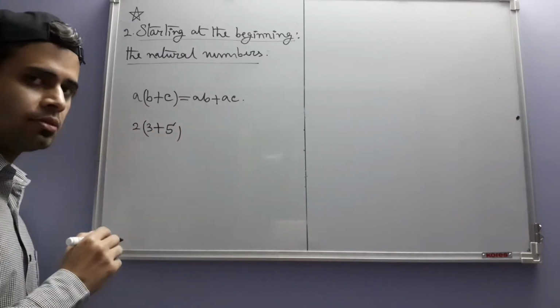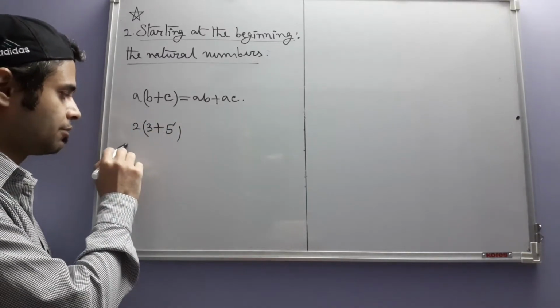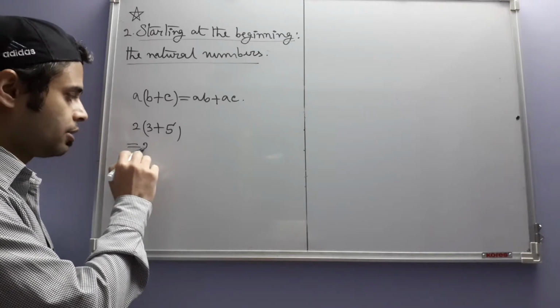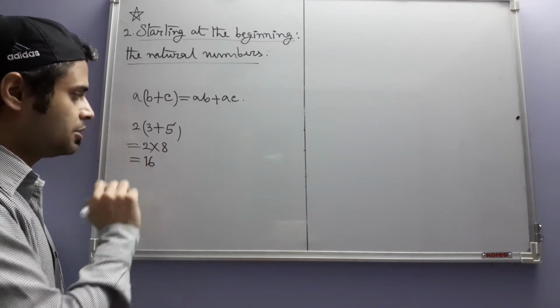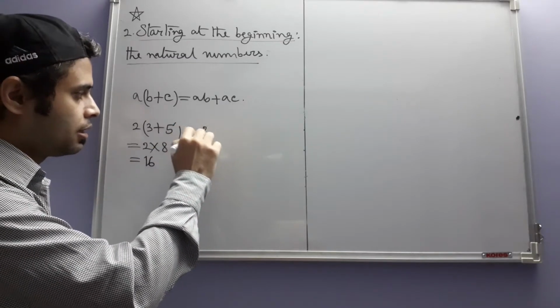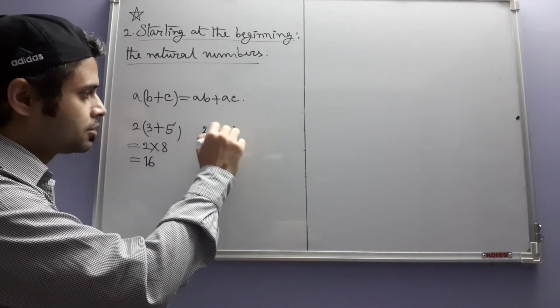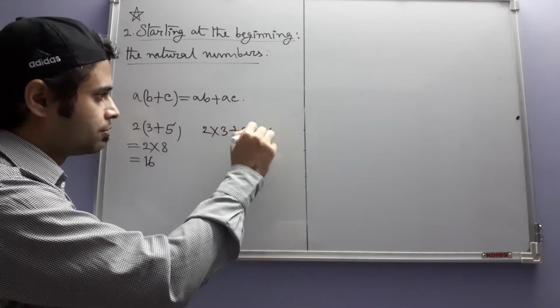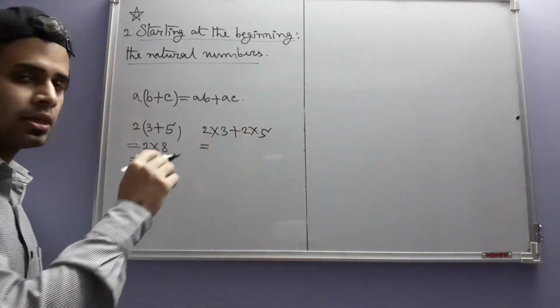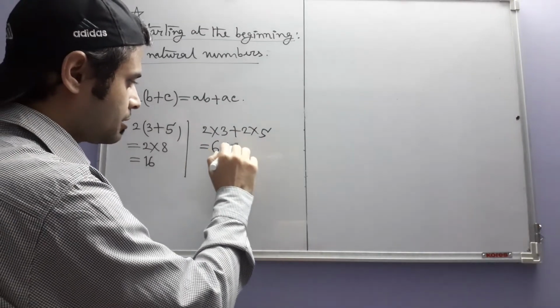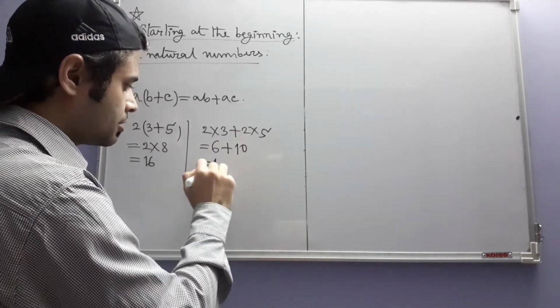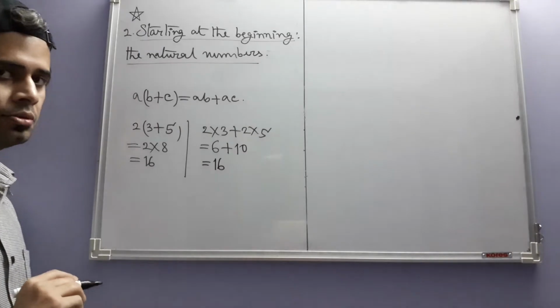Say for example, if I take 2 times (3 plus 5) and if I do the calculation, then it becomes 2 times 8 and that gives me 16. On the other hand, if I have 2 times 3 plus 2 times 5, if I separately do this calculation, then that gives me 6 plus 10, that is also 16. So in this case the formula is true.